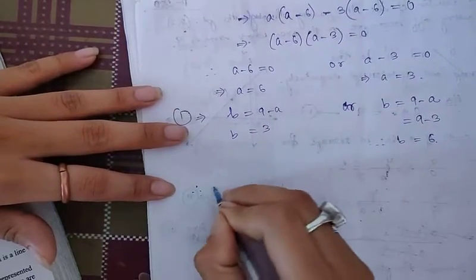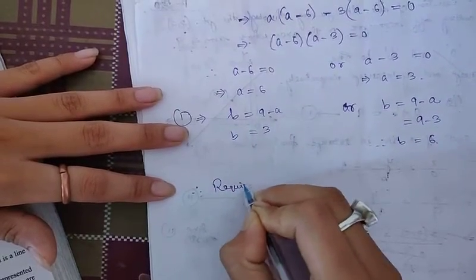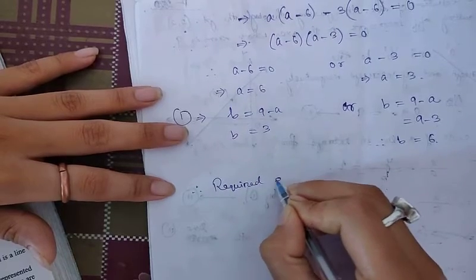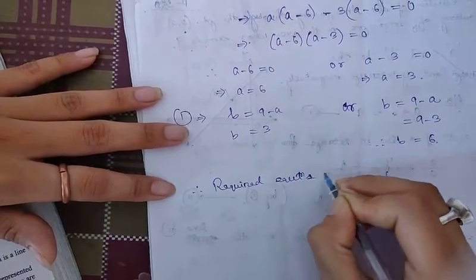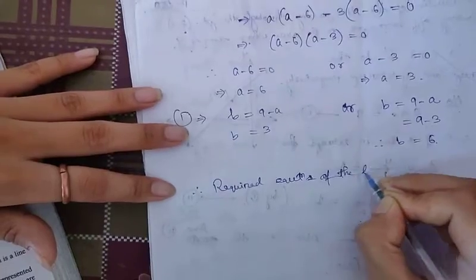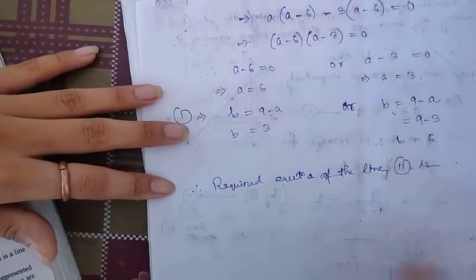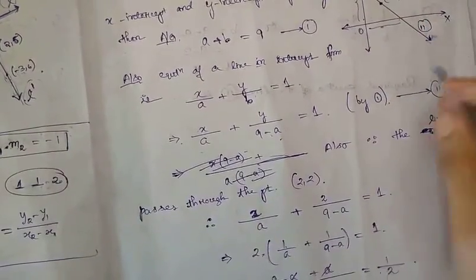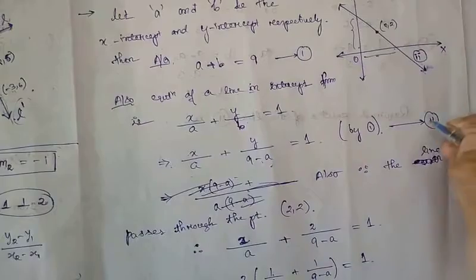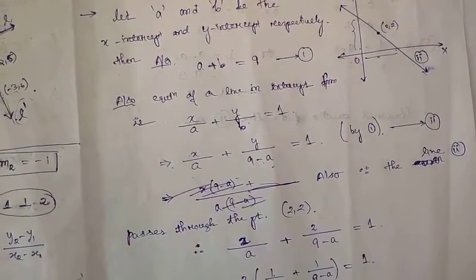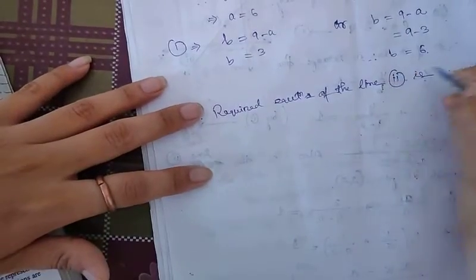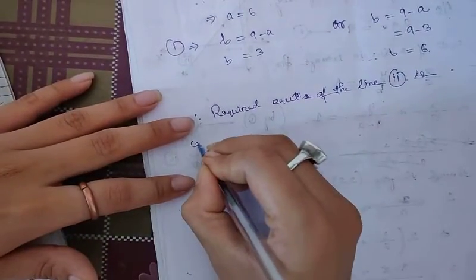So the required equation of the line, let us name this line as 2. Therefore the required equation of the line 2 is case 1.